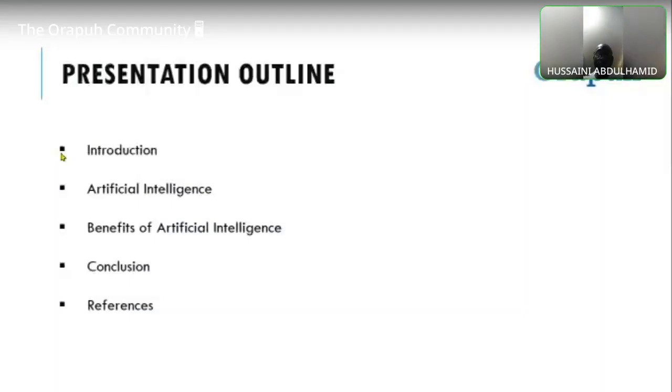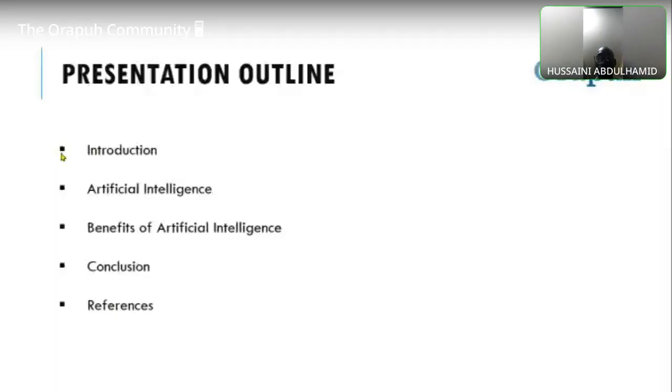We have the introduction. We have artificial intelligence, where we are going to see the overview and the concept of artificial intelligence. After which, we are going to look at the benefits of artificial intelligence. Then we are going to look at the conclusion, and then we have the references. Next slide, please.